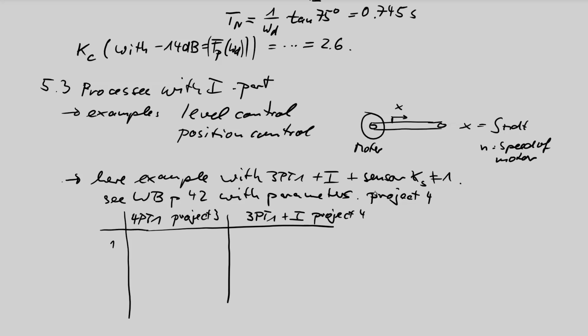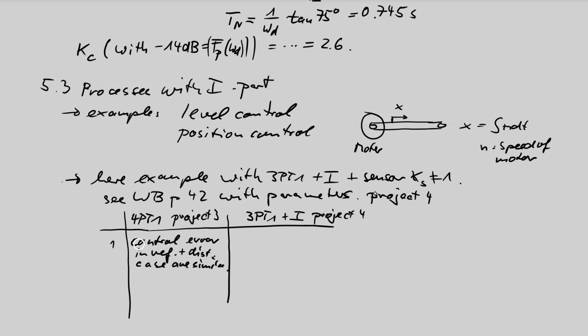reference and disturbance behavior have same control error, or similar control error, we can say. Control error in reference plus disturbance case are similar. That means if I have no integrator in my controller, reference and disturbance responses have control errors.